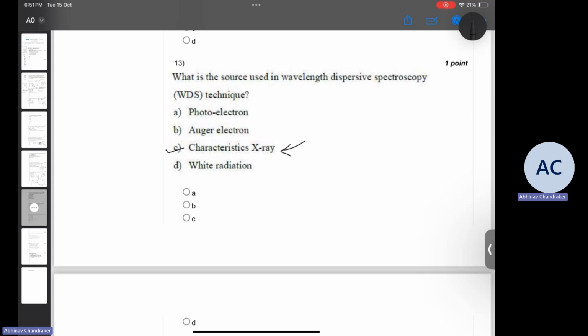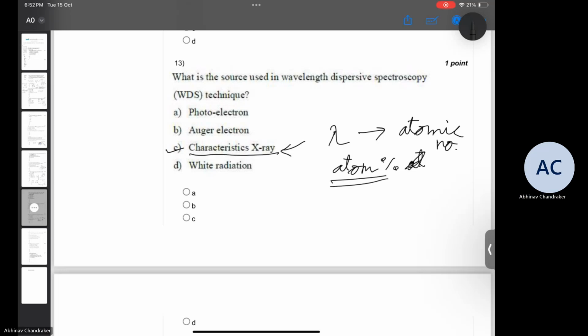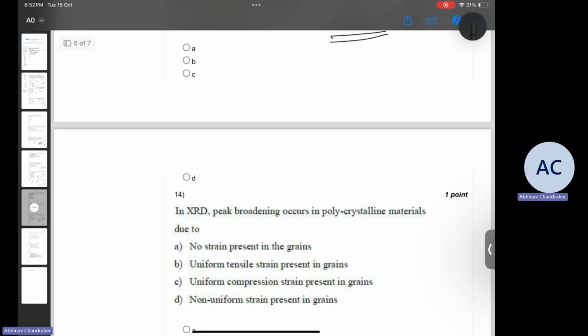We have some single crystals in the WDS setup, and for those angles at which we are seeing diffraction, we can calculate the wavelength of the X-rays that are coming, and from that we can tell which atom it is coming from. So the correct answer will be characteristic X-rays. These are the signals which are used in WDS.